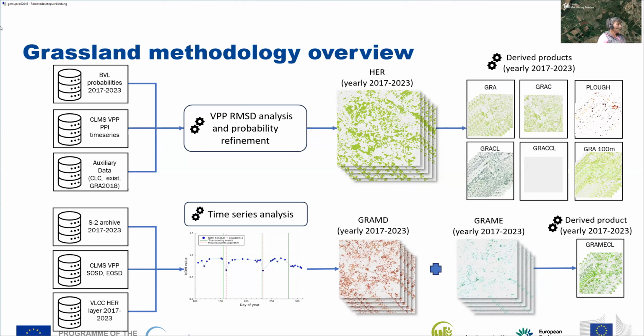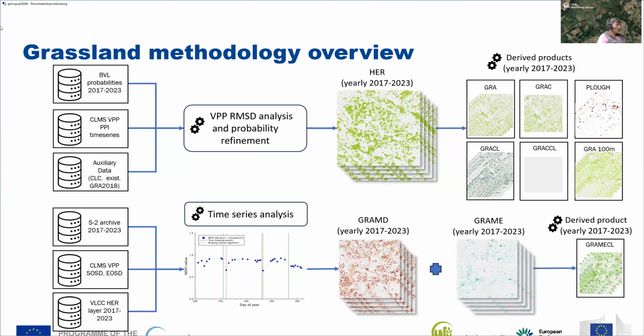The first step is to retrieve these probability estimates from the BVL herbaceous class. Then we try to find a threshold in the reference year by maximizing the accuracy by comparing it to the CLMS products.